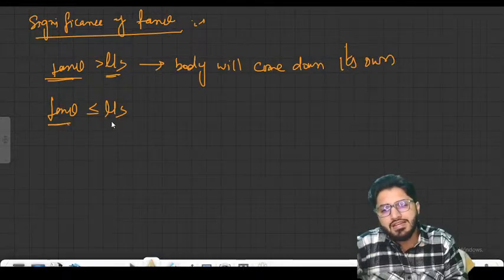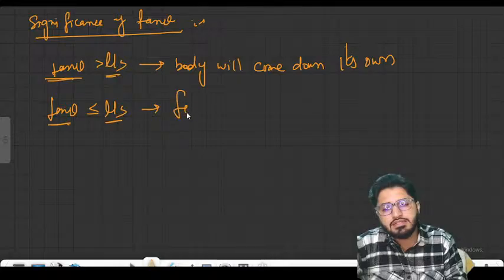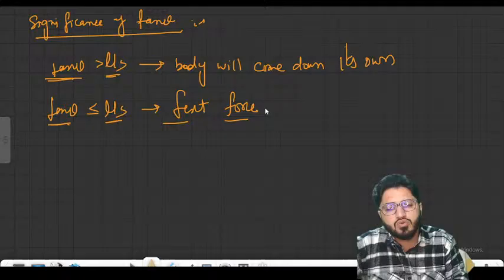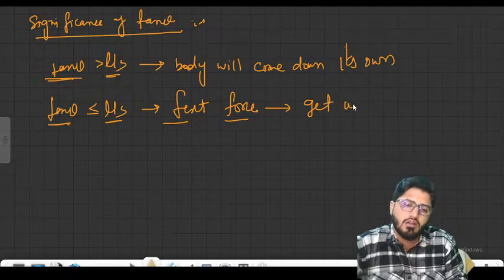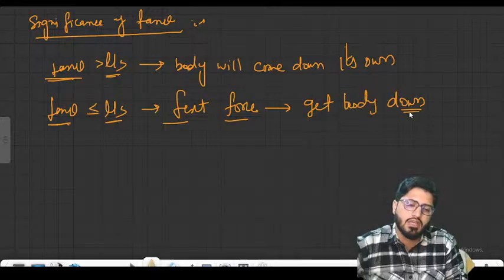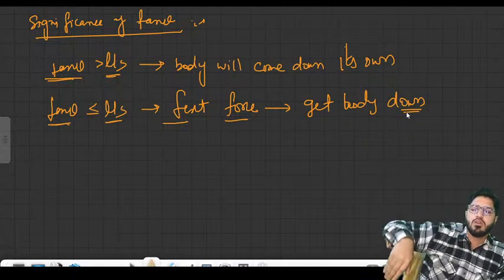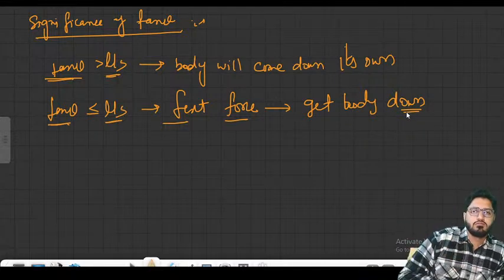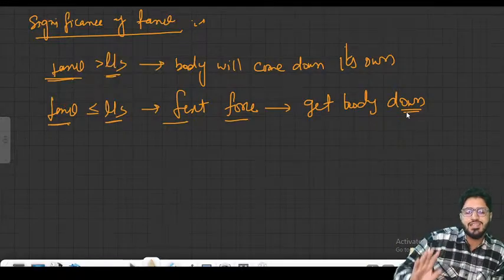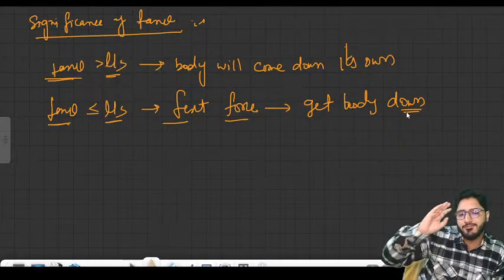If my tan theta is less than or equal to mu s, you have to apply some extra force. Some extra force is required to get your body down. If we are having some inclination and if the body wants to get down, my tan theta should be more than mu s. But if my tan theta is less than mu s, then you have to push it. You have to apply some force to get the body down.